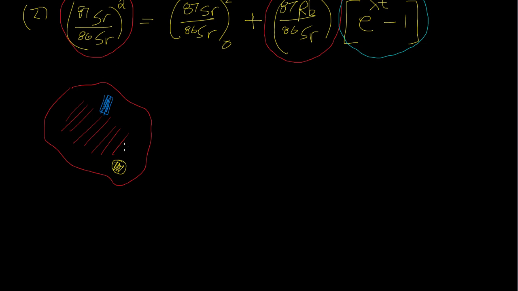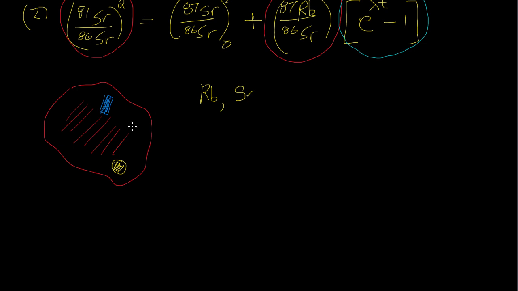The difference between rubidium and strontium chemically is enormous, right? Rubidium is larger than strontium. It's a completely different element, and certain minerals prefer rubidium to strontium more or less than other minerals.